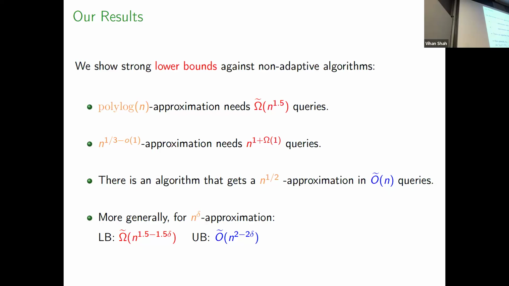But for today, we'll be thinking of just n polylog queries and trying to see what are the best approximations. So I'd like to pause here and ask if there are any questions up to this point before we dive into the proofs.